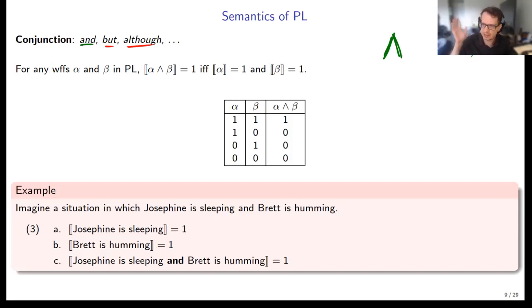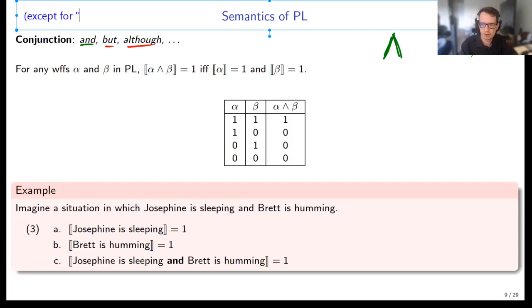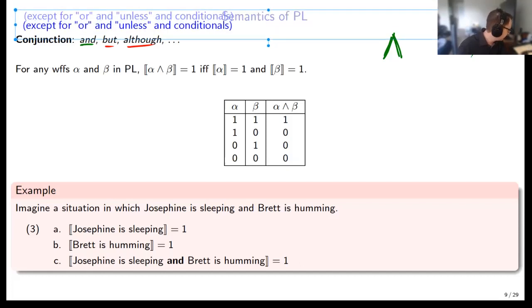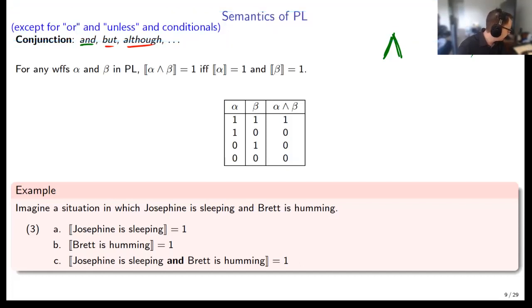Pretty much any conjunction in English is a conjunction in logic. So I'm just going to write: except for "or," "unless," and conditionals. Conditionals might be a little vague for now.